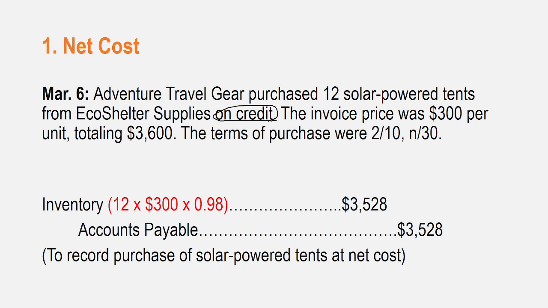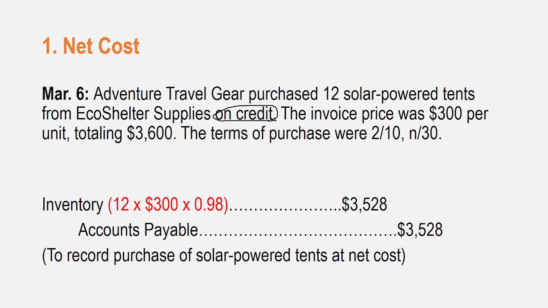Now, when recording this purchase at net cost, Adventure Travel Gear accounts for the discount that they would receive if they paid within the discount period. So instead of recording the full invoice price of $3,600, they calculate the net cost by deducting the discount from the total amount.